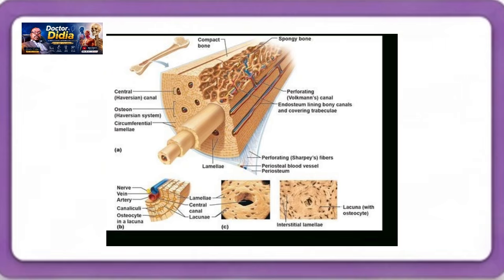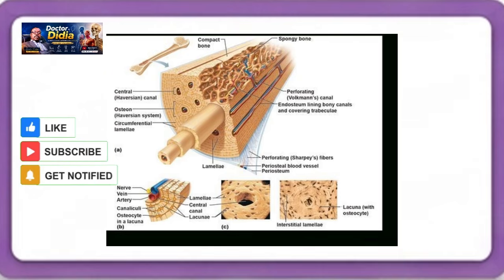You also have the central or Haversian canal, a channel running down the center of each osteon that houses blood vessels, lymphatic vessels, and nerves. You also have the lacunae. These are small spaces situated between the lamellar rings that contain osteocytes. So it's in the lacunae that osteocytes are buried.